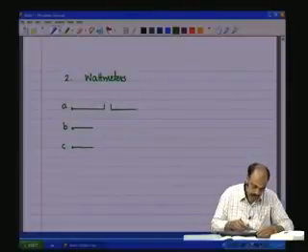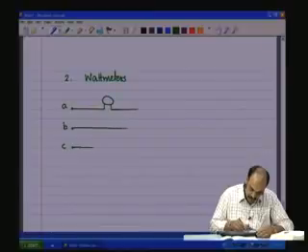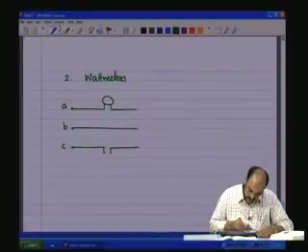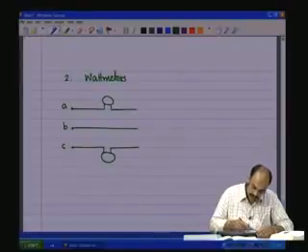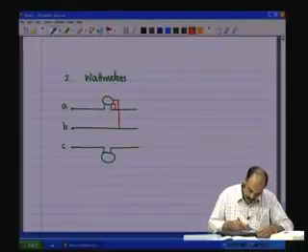so we will call this the wattmeter, and the potential coil is between this, and likewise the potential coil is this.